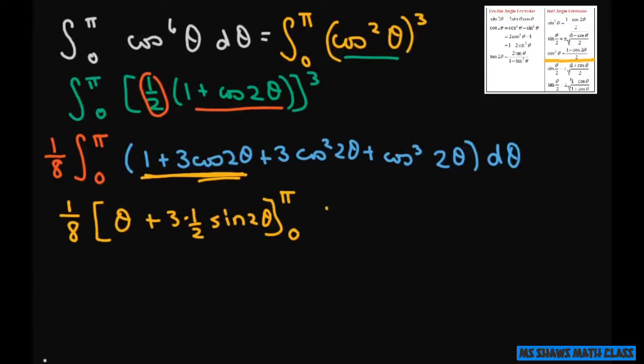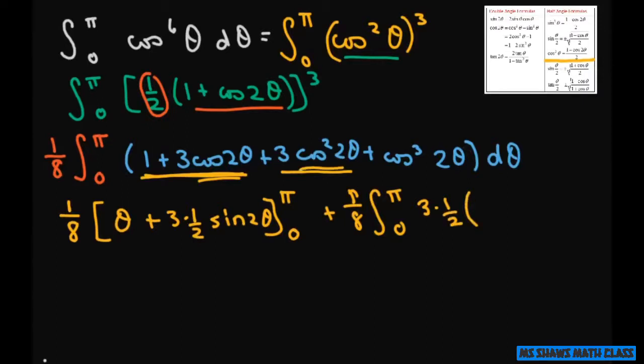Then I'm going to go ahead and put the 1/8 again. Integral from 0 to pi of this piece. And that's going to be 3 times 1/2.